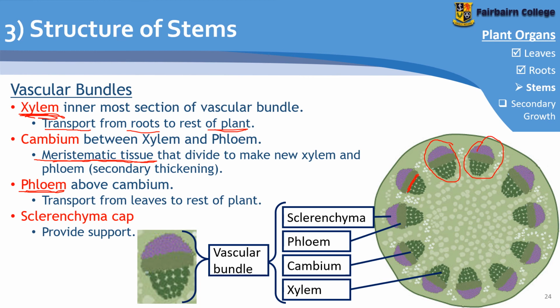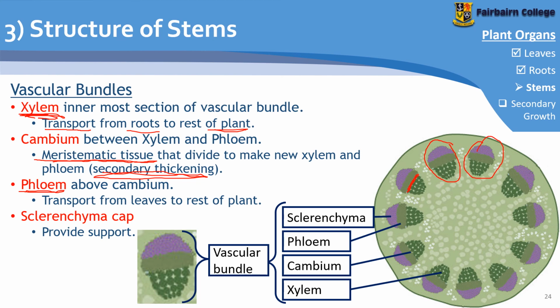The primary function of the meristematic tissue here is increasing the thickness of the stem. We refer to this as secondary thickening. Unfortunately we're not doing it this year, but secondary thickening is the lateral growth of plants.